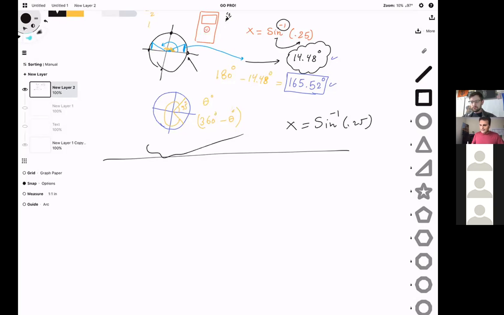If you have an old calculator, sine inverse is the same as arc sine of 0.25. So if you have a calculator that doesn't have the inverse, this is the same as arc sine.